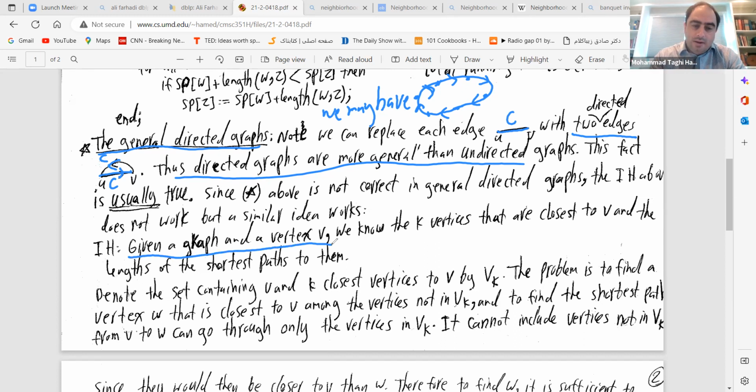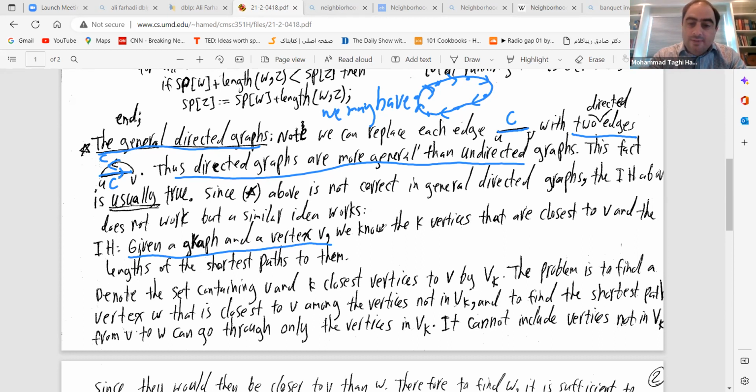So what is the assumption here? Given a graph and a vertex v, we cannot talk about the topological sort here. That's the reason we need to talk about something somewhat similar.